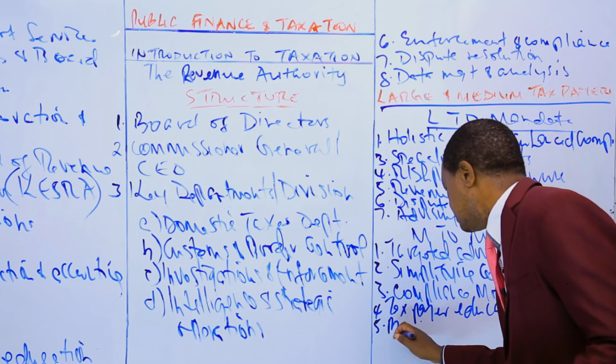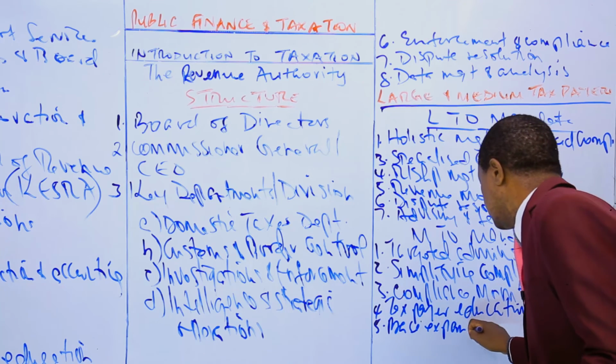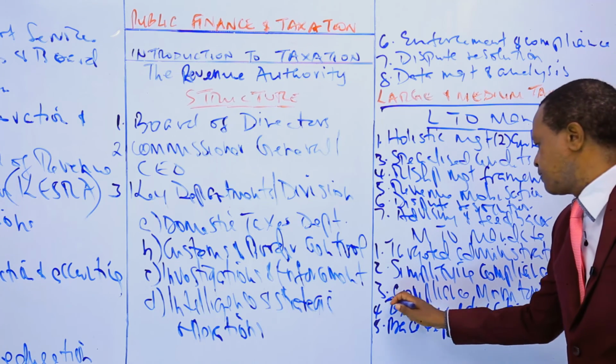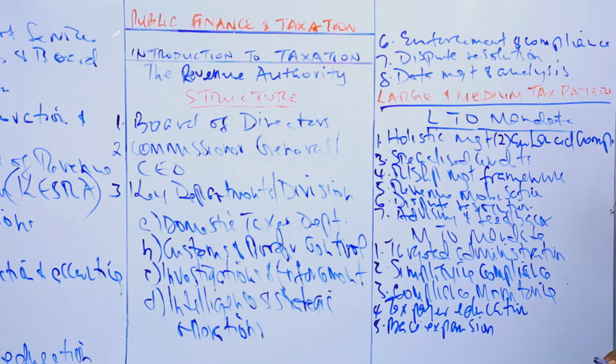5 is base expansion. The MTO contributes to the expansion of the tax base by ensuring compliance among this growing segment of businesses and so on. So these are 7 functions of the Large Taxpayers Office and 6 functions of the Medium Taxpayers Office.